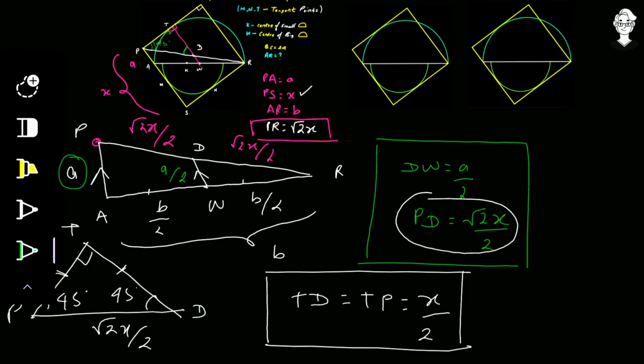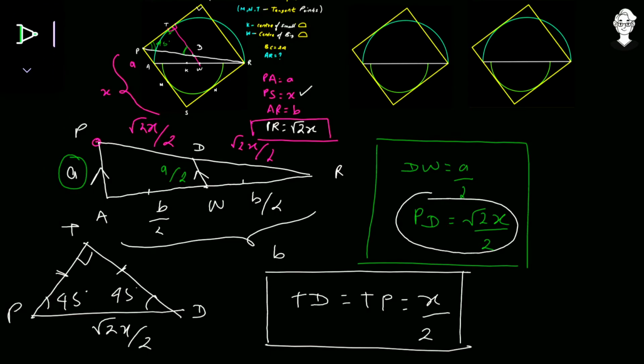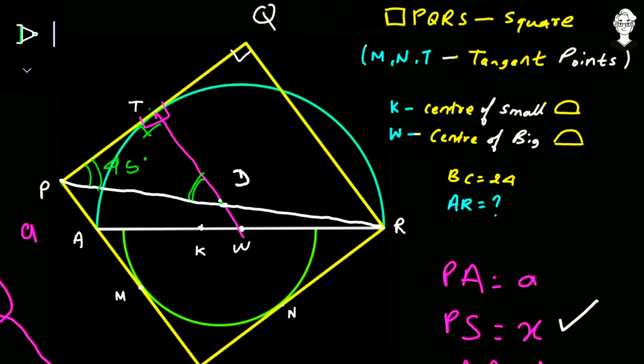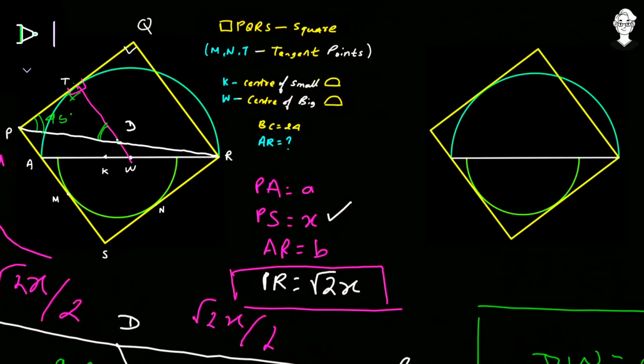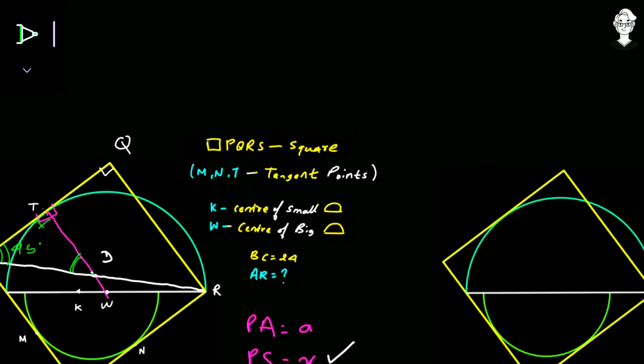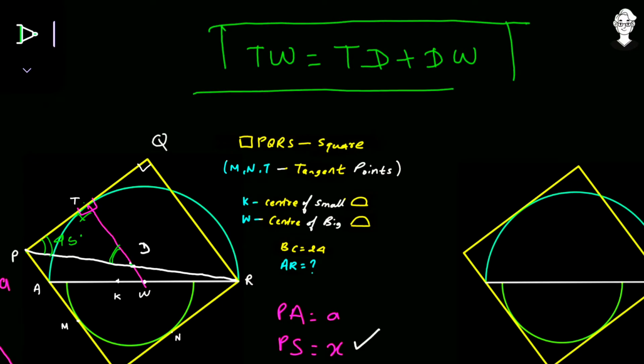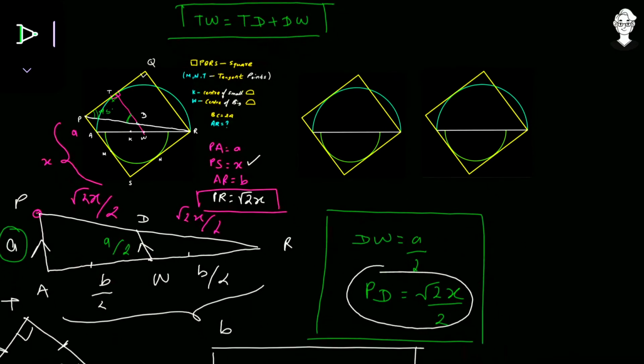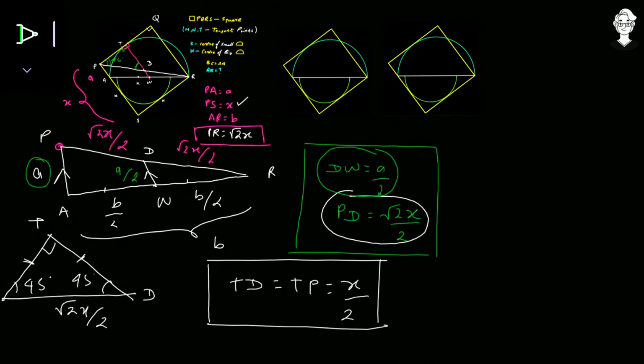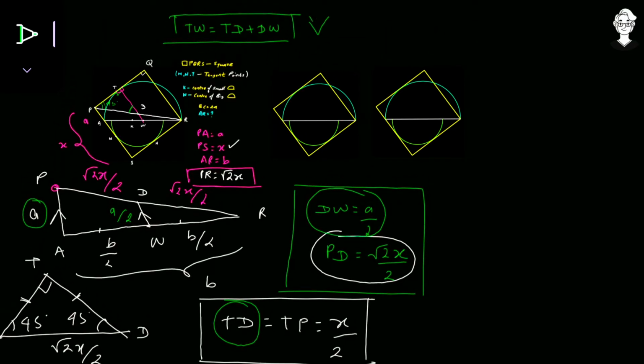Now what can this be used for? Why have we found these two things? Look carefully at the line TW. This complete line, TW, I'm writing it on the side. TW is divided into two line segments, TD plus DW. The total length TW is equal to TD plus DW. What we have done is just find the value of DW and the length of TD, to put those two values in this particular equation.